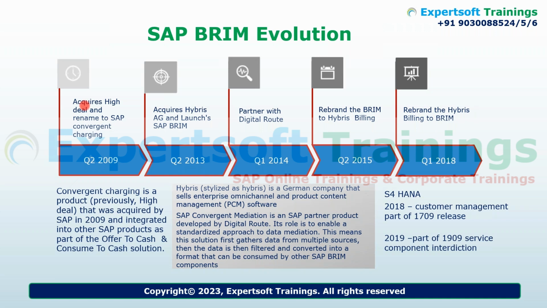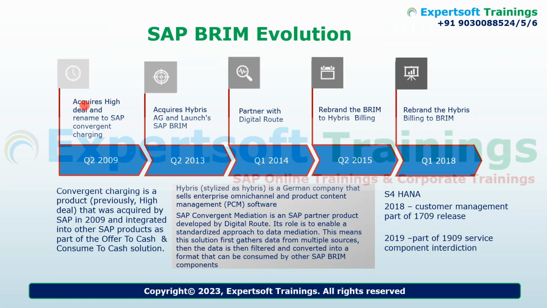It offers a good product, but it didn't go well between 2013 and 2018. I started my BRIM learning path around 2013, so I know what exactly happened in that period, how many clients started using it.